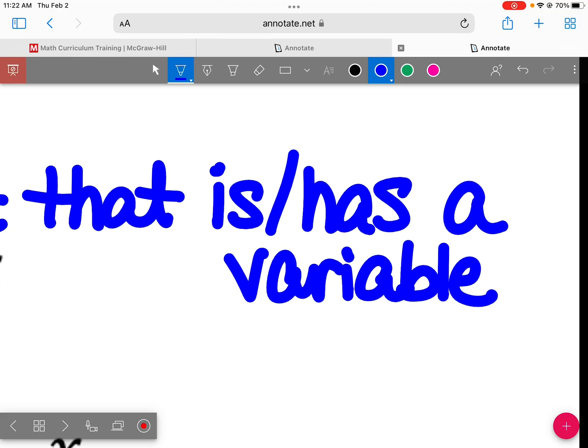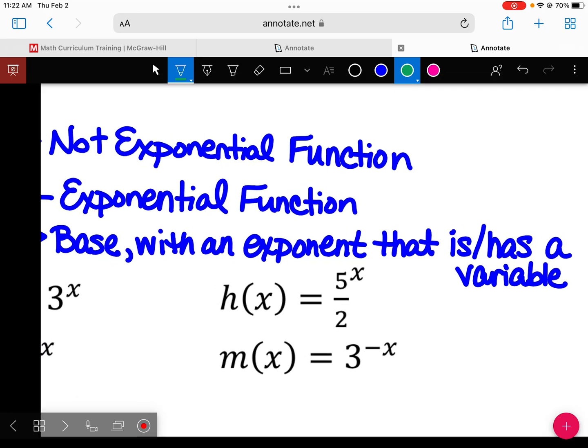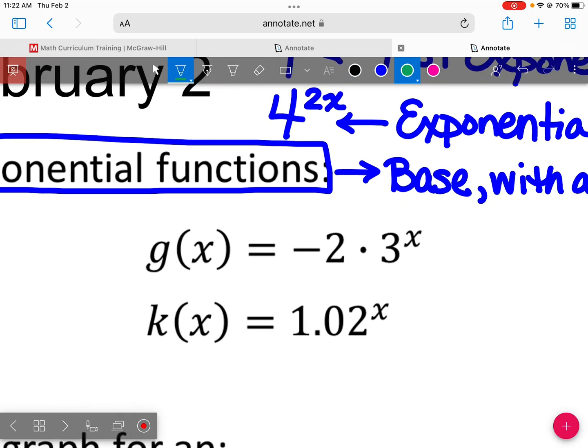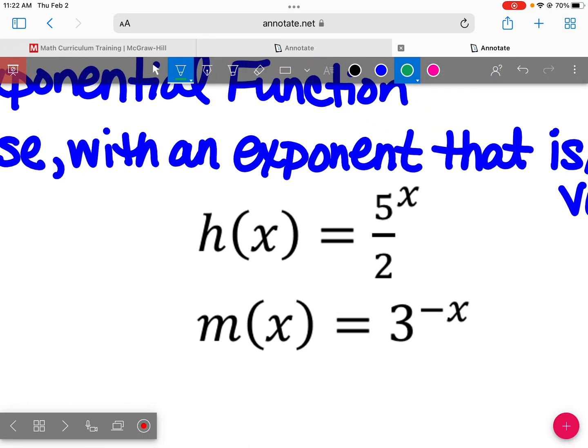Okay. So with that in mind, is this first one, f of x, an exponential function? Yes. What about the next one over, g of x? Is that an exponential function? Yes. H of x?